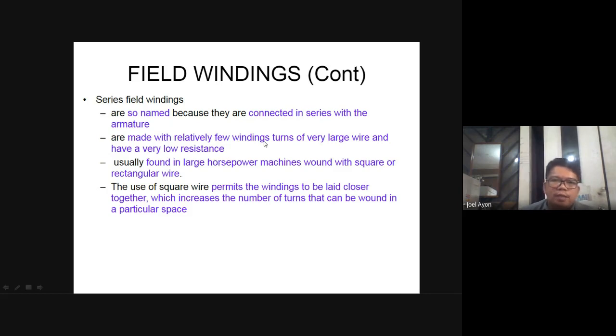Series field windings are connected in series with the armature, and this one is called a series motor or series generator. They are made with relatively few turns of very large wire, and have a very low resistance.